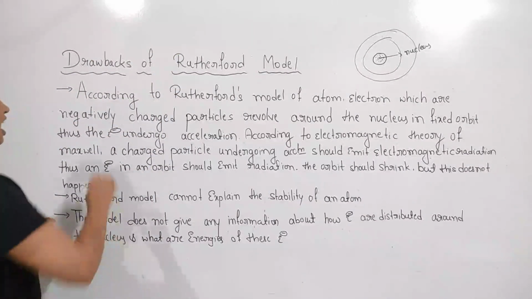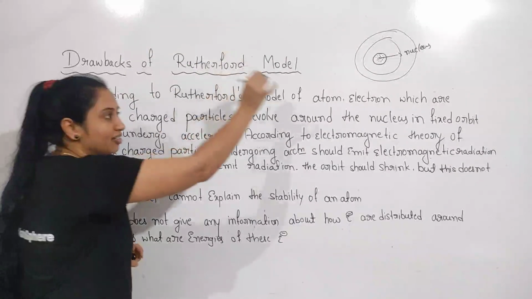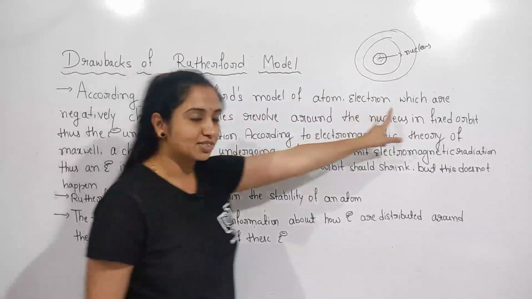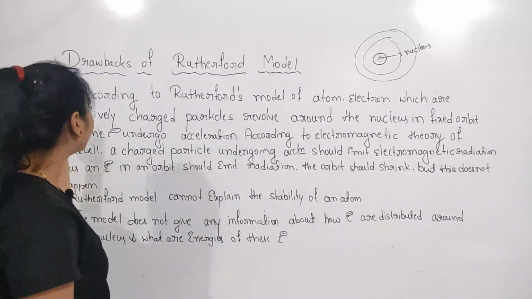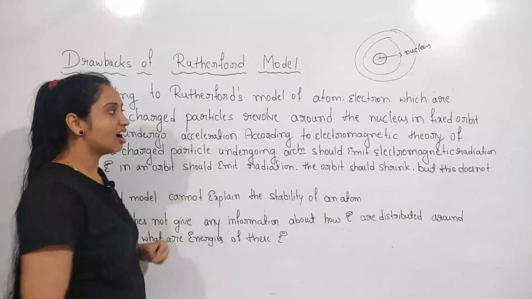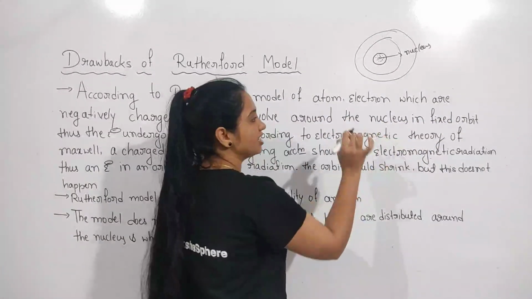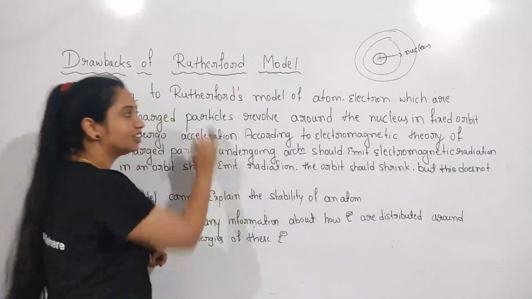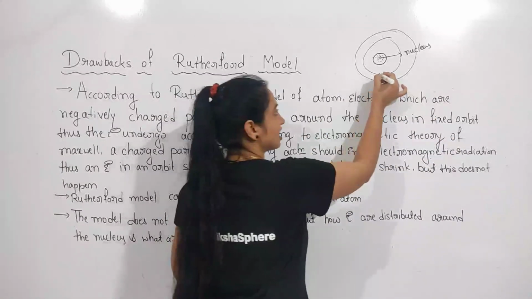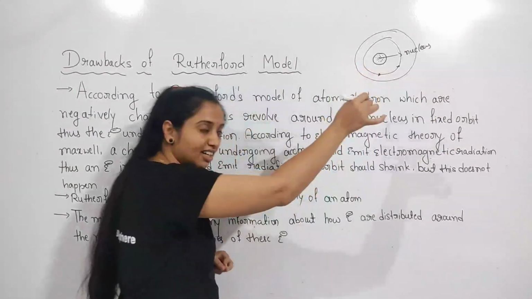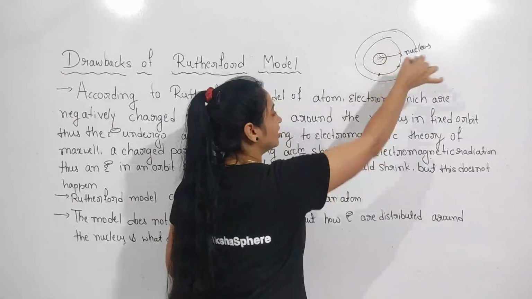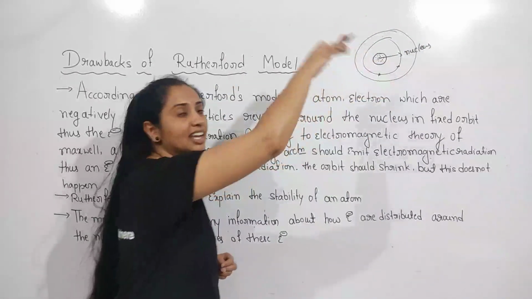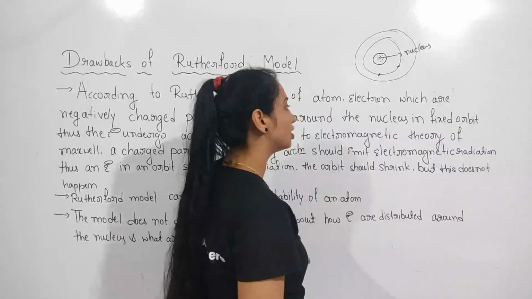According to the Rutherford model of an atom, the electrons, which are negatively charged particles, revolve around the nucleus in a fixed orbit. Already you know that electrons are negatively charged particles. They revolve in a circular path, and that circular path is called an orbit.